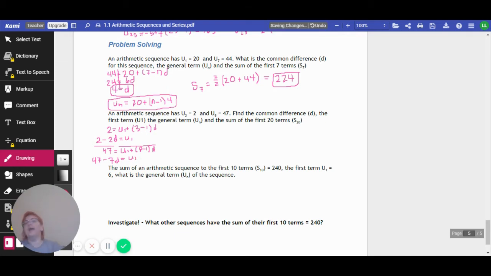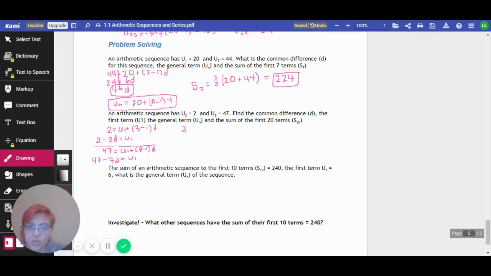So now that I have 2 minus 2d equal to the first term, I can substitute that into the first term statement here.